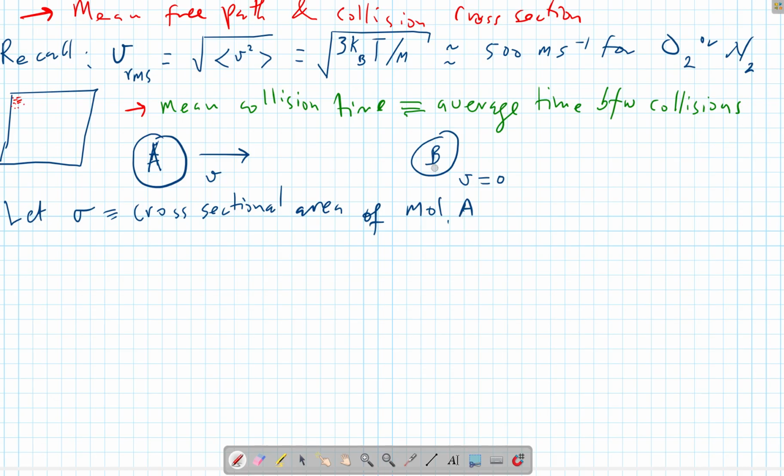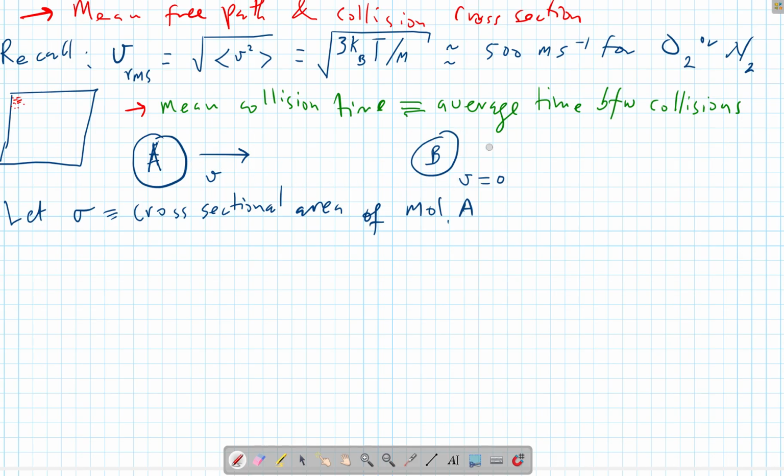So also the cross-sectional area of molecule B, because one can imagine that the bigger these molecules are, the more likely it is that molecule A is going to collide with molecule B. We know that it also depends on the direction. If molecule A is moving opposite to the direction where it can find molecule B, then nothing is going to happen. But if we keep direction aside and consider A moving towards B.